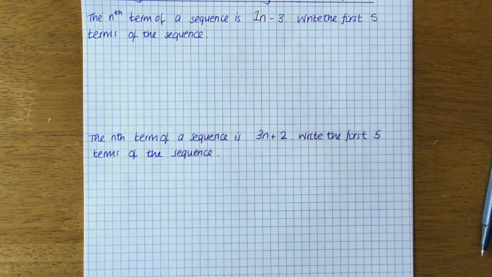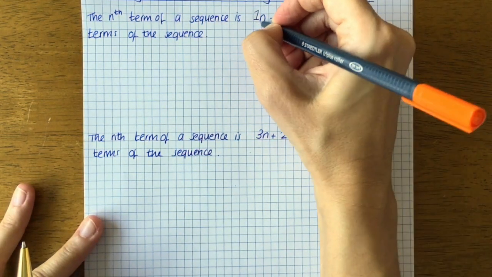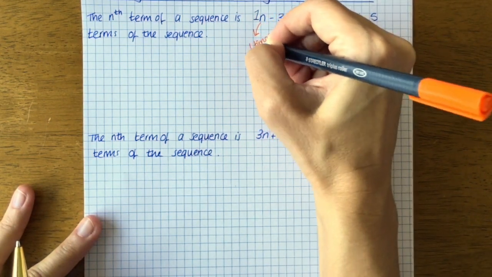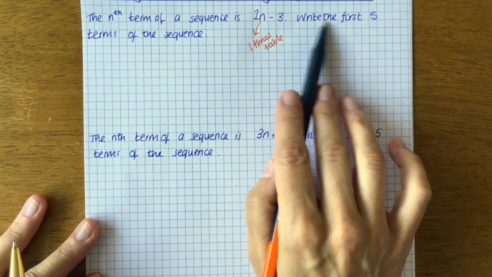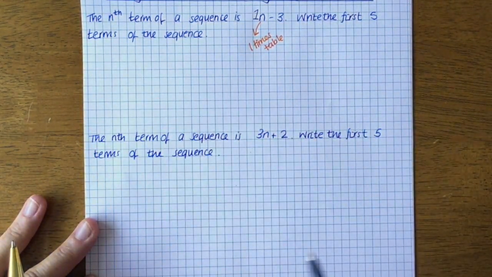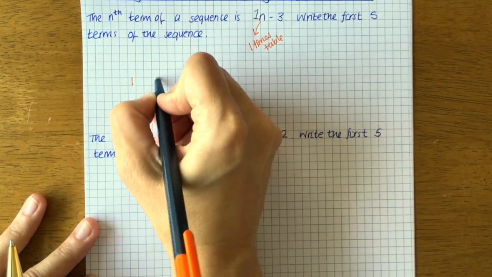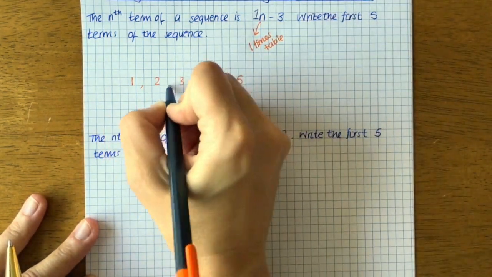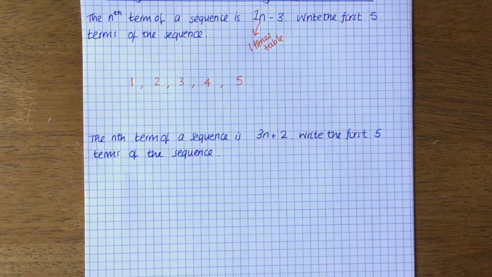So actually our sequence is based on the 1 times table. So this part represents the 1 times table. So first of all, that's what I'm going to write out. I only need the first 5 terms of the sequence, so I'm going to just write out 5 of them. So my 1 times table is represented by 1, 2, 3, 4, 5. So that's the first 5 terms of the 1 times table.